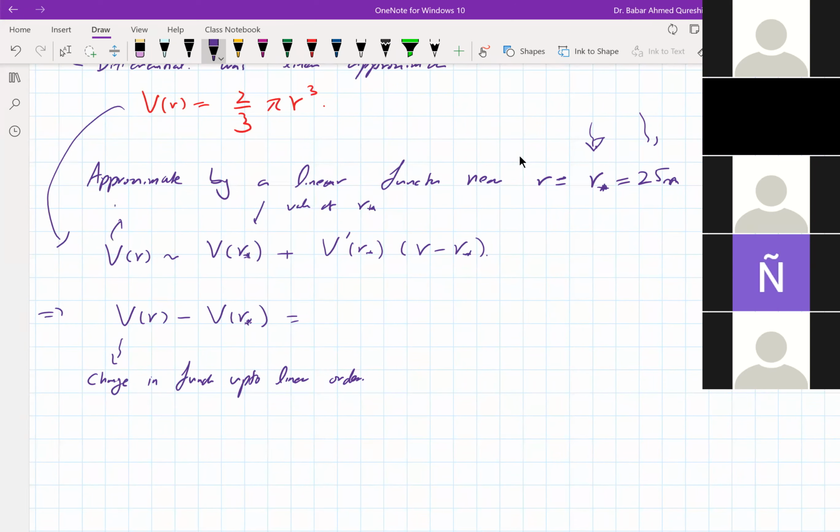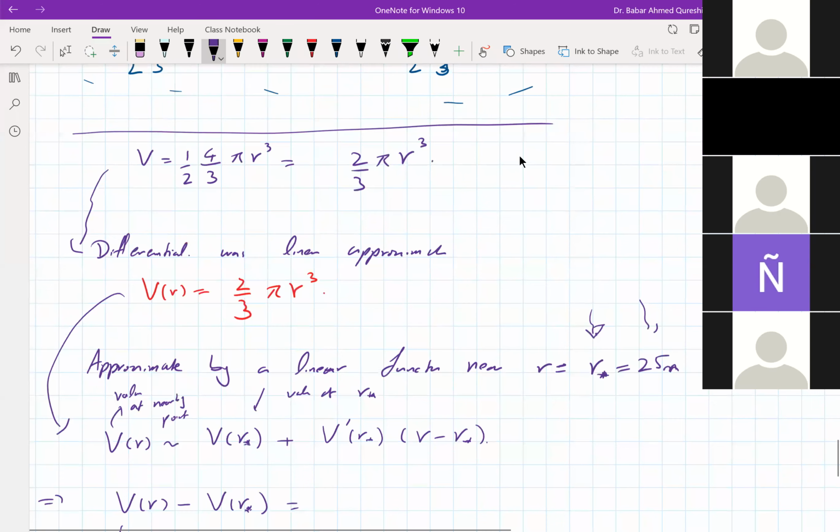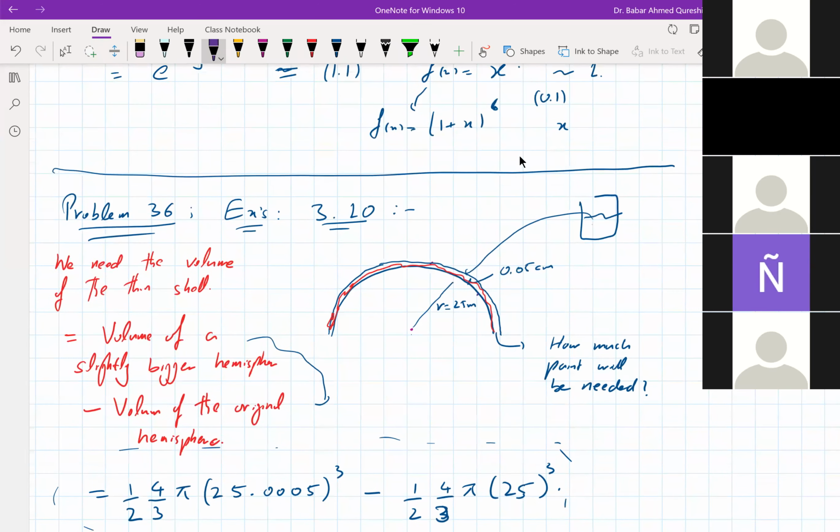This is the value at a nearby point. So starting from here, I just move to a nearby point of the radius. What is the new value of the volume at a nearby point?